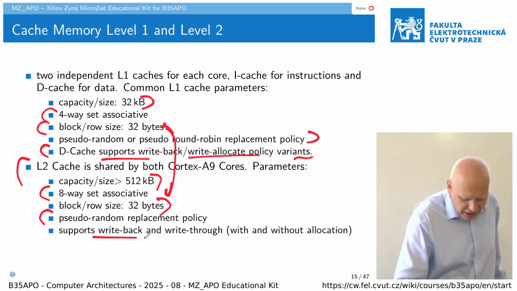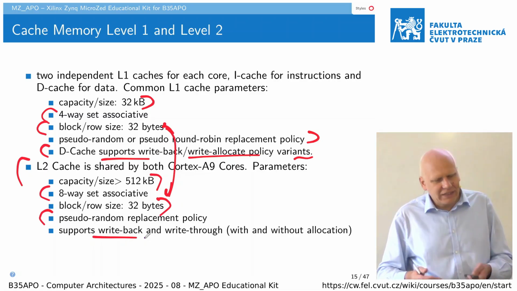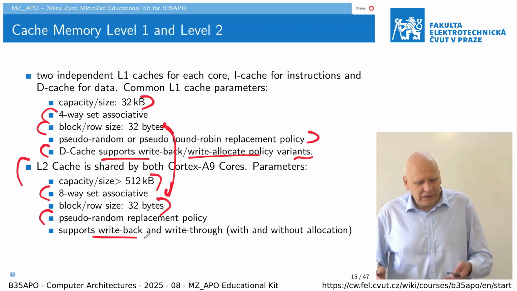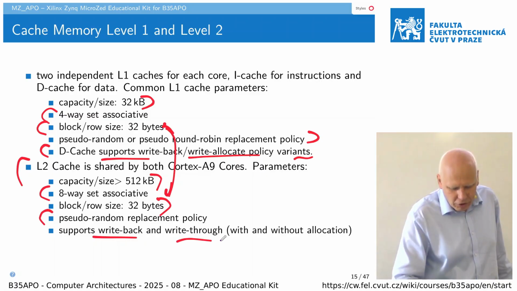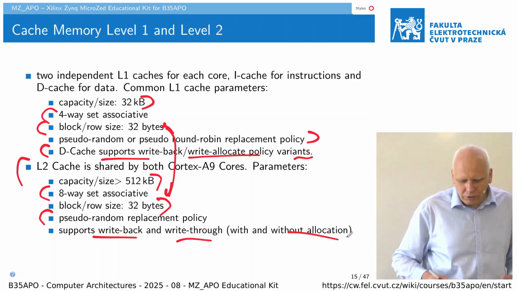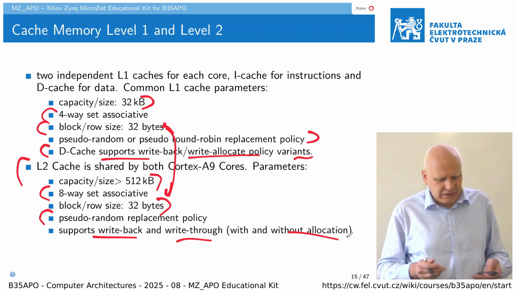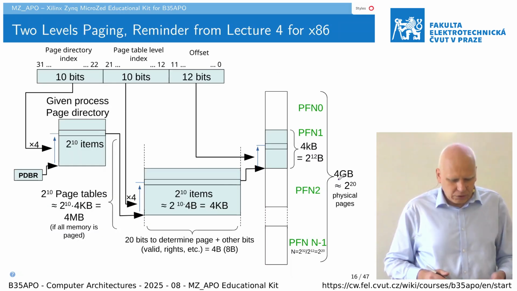And it supports write back, so basically it updates only the cache, and when there is a need for new data, then you write back modified data to the memory, or write through. And you can control which part of the virtual address space is cached and which not by the memory management unit.